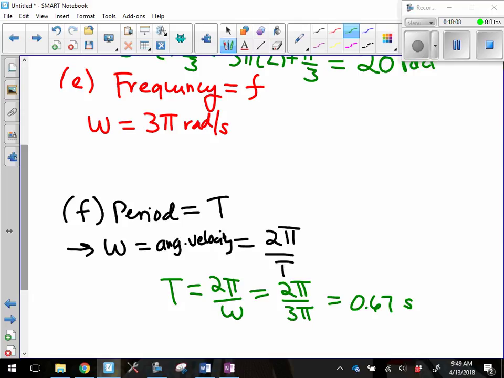So now we have to go back and look at part E, which is to find the frequency. Now, you all took freshman physics with me or Mrs. Leas. So you should know, it should be in your head somewhere, a relationship between f and T. So how can I find f in terms of T?